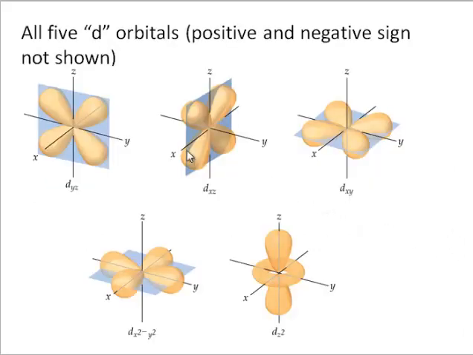Here I have pictures of all 5 of the possible types of d orbitals. Now these orbitals, the p orbitals in the last picture, showed regions of positive and negative sign. Not charge, I mean sign, not charge.